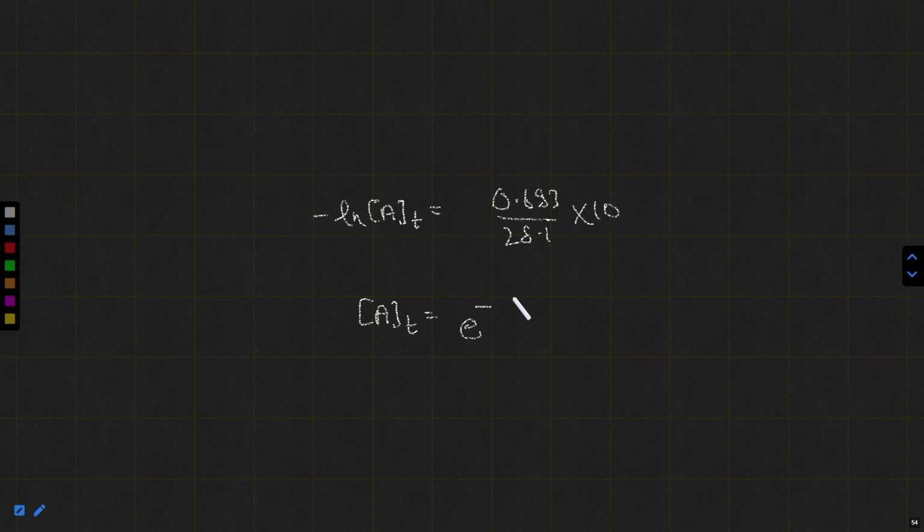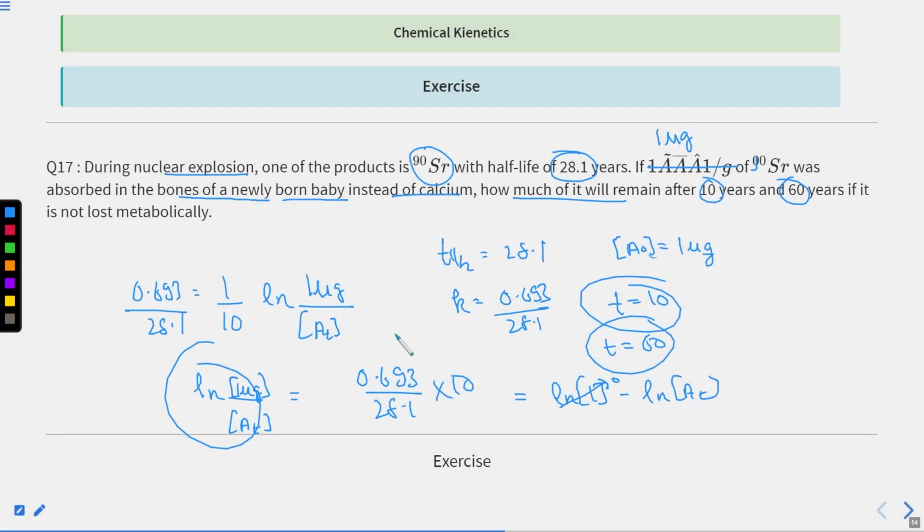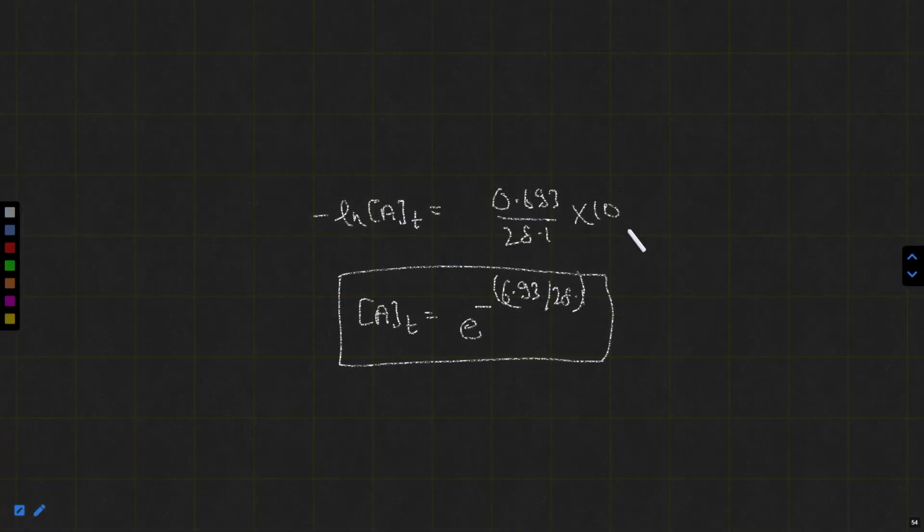So if you evaluate this further, it is 6.93 by 28.1. If you evaluate this, you will get it at time t is equals to 10. Now for time t is equals to 60, this will be replaced by 60. That would give you concentration of A at time 60.